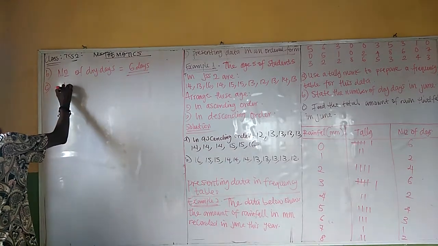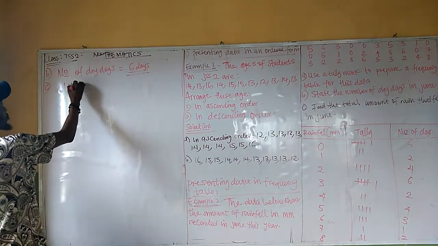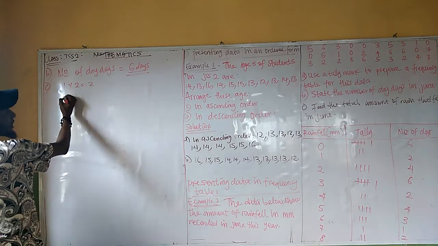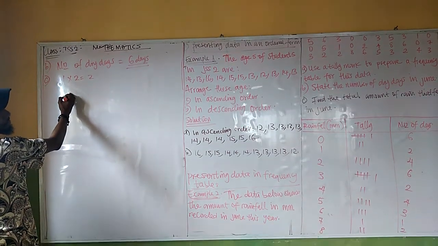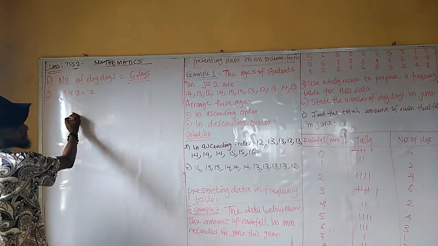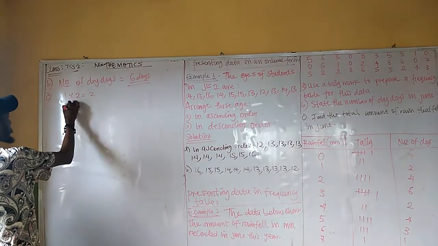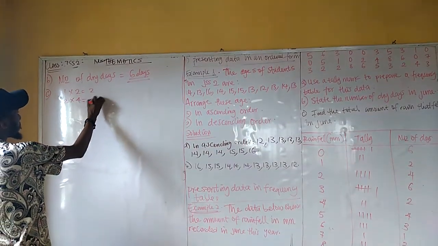So we say 1 multiplied by 2, which will give you 2. Then 2 multiplied by 4, which will give you 8.